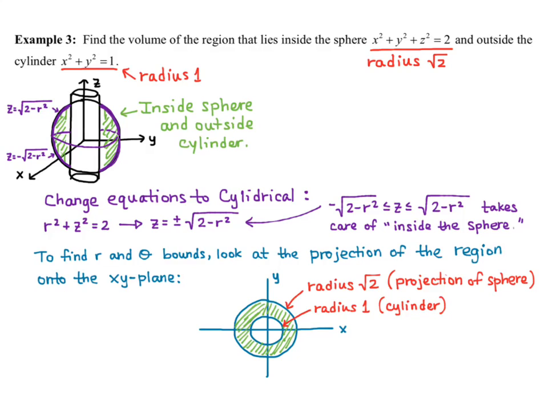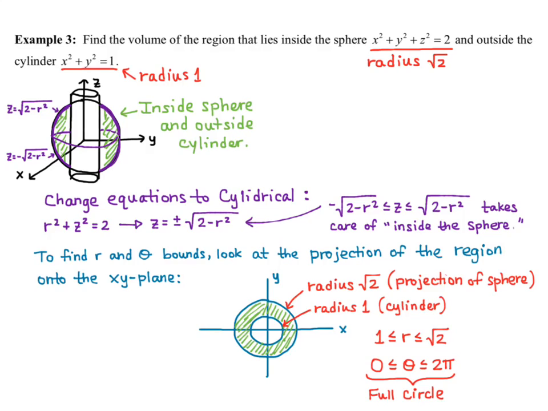That was the projection of the sphere onto the xy plane. So I just collapsed it all into a two-dimensional thing. So I have r is going to be between 1 and square root of 2, and since it's a full circle, I'll have theta between 0 and 2 pi. So I have all my bounds. Now I can set up my triple integral for volume.